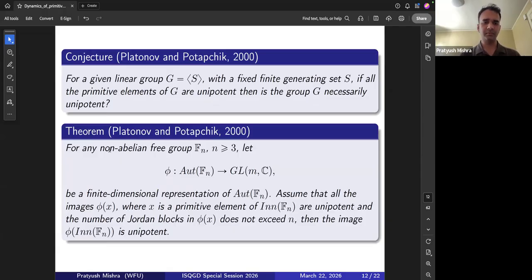For any non-abelian free group Fn, if I have a finite dimensional representation phi of Fn in GL_n(C), and assume that all the images phi of x, where x is primitive, are unipotent, and the number of Jordan blocks does not exceed n, then the image phi of the inner automorphisms of Fn is unipotent.